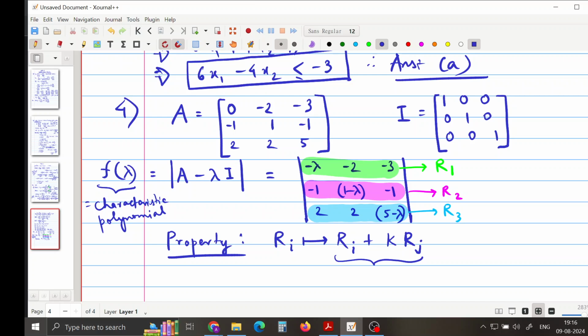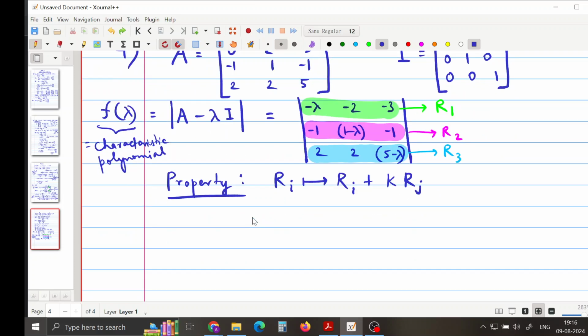This means Ri maps to Ri plus k times Rj. If you perform this operation, the determinant remains unchanged.